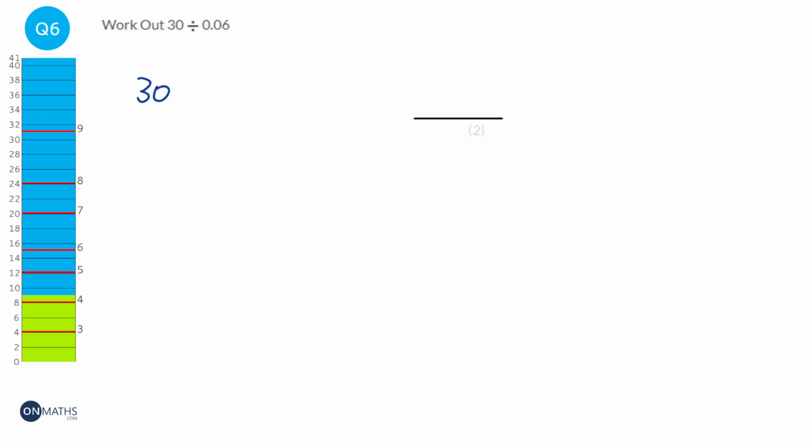So we just go times the 30 by 100, and times the 0.06 by 100 to make that 0.6. And this actually is the same calculation as 30 divided by 0.06. The reason being is that you can write that as a fraction. And you know with fractions you can just times the top by something and times the bottom by something. It doesn't change the fraction at all. It just keeps it exactly the same.